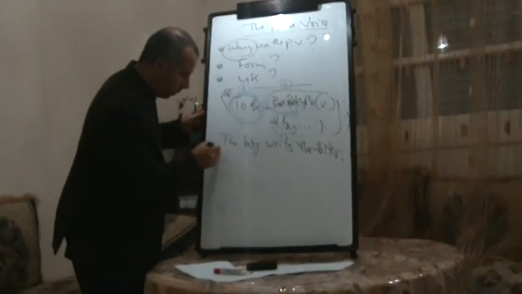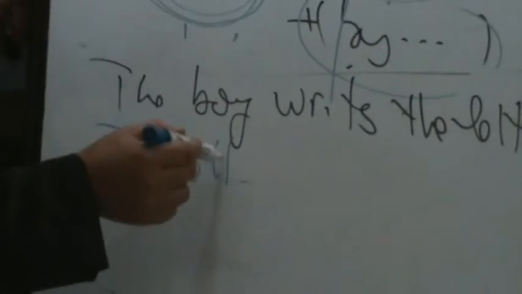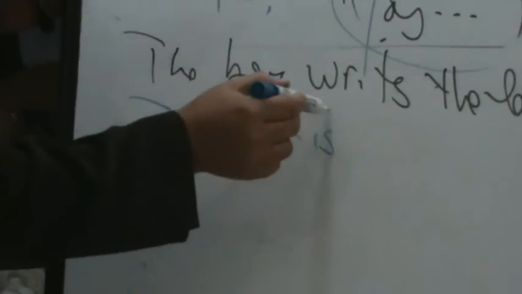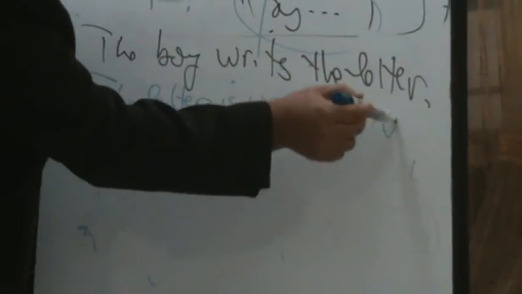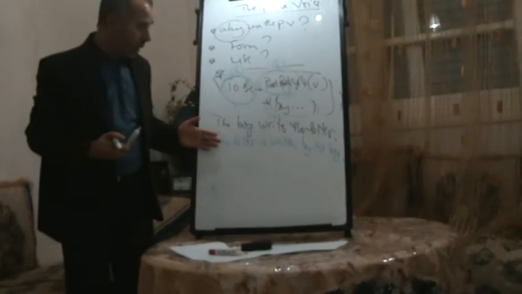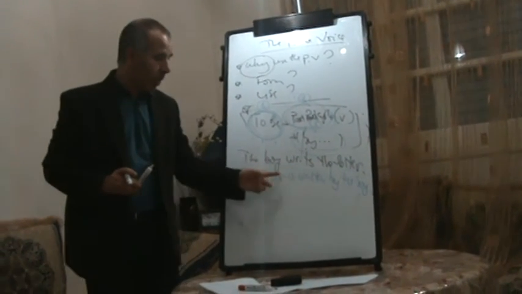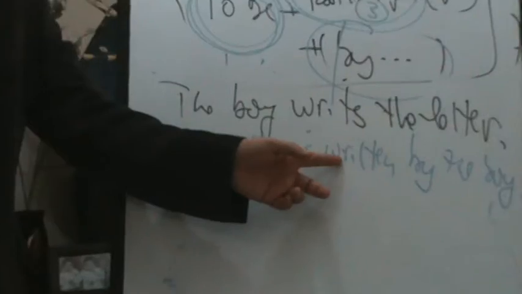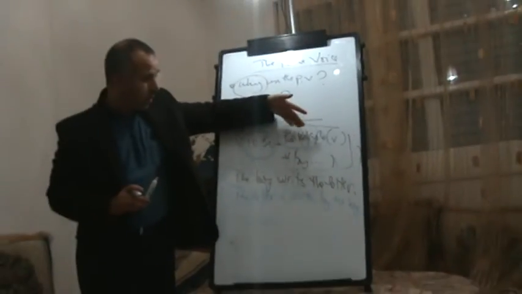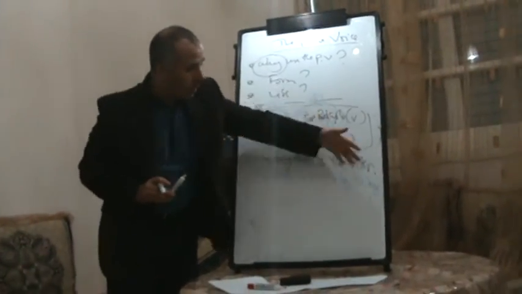The letter is written by the boy. It's correct to end like this, to say the letter is written by the boy. Look here, we have is, it's verb to be, and written is the past participle of the verb to write. And number 3, as we can still see, is by the boy.